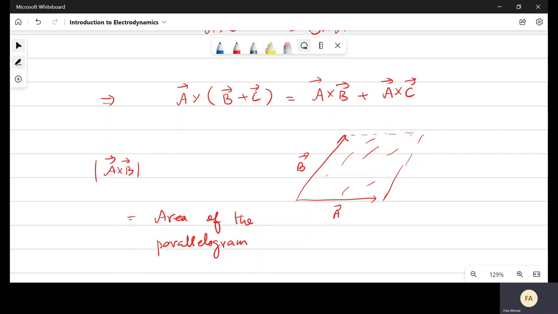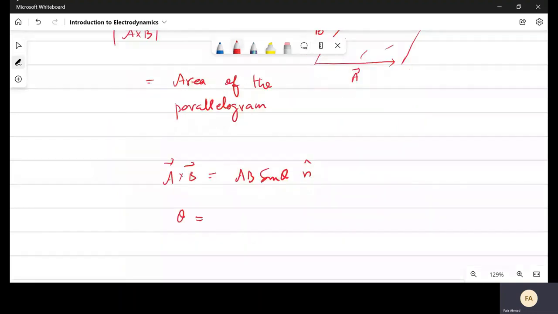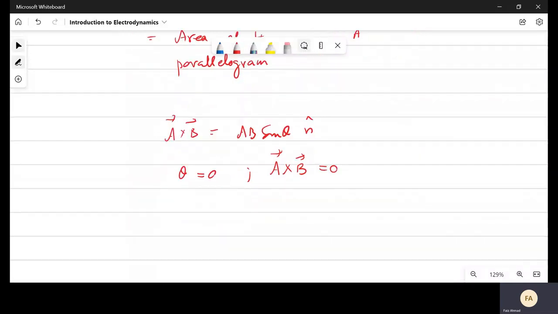So if two vectors are parallel, meaning if theta is equal to 0, then A cross B is equal to 0. This implies that the self cross product A cross A is equal to 0.